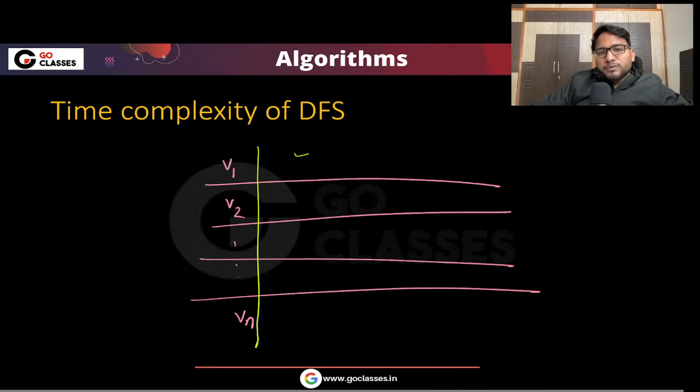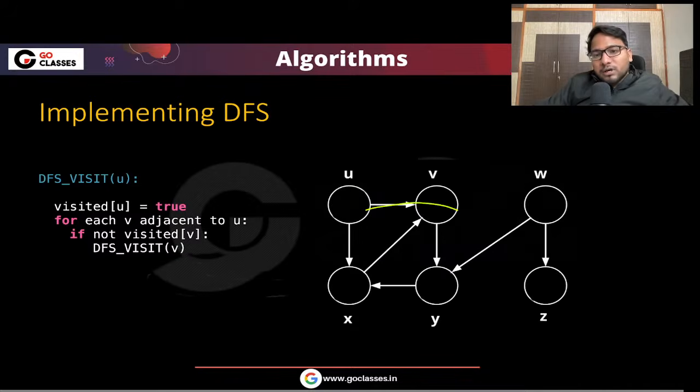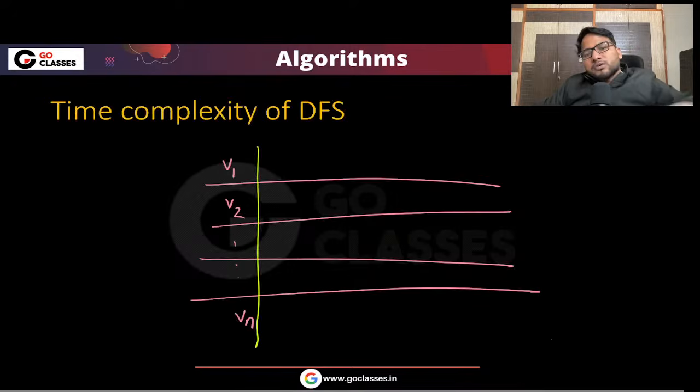Neighbors one by one, which means you will call V, and then V will call its neighbor, and then let's suppose everything is done. Then you will call the second neighbor, which is X. So basically, you are just calling two functions here. This is just constant work.